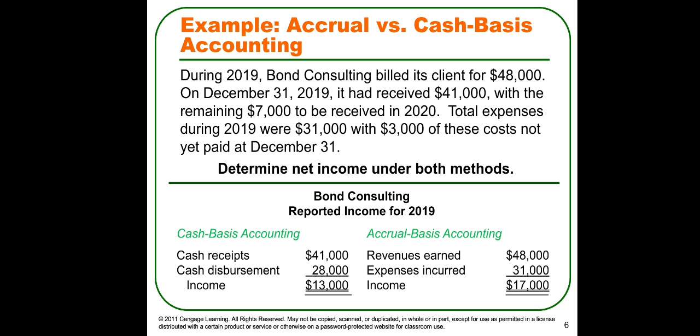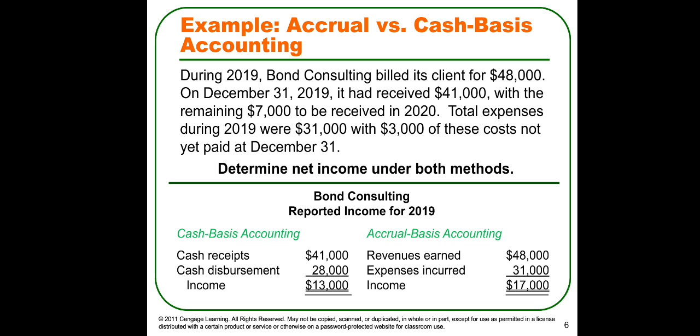Why? Because cash basis accounting says revenue is the cash that you receive from customers. For this business, the cash received from clients is 41,000.